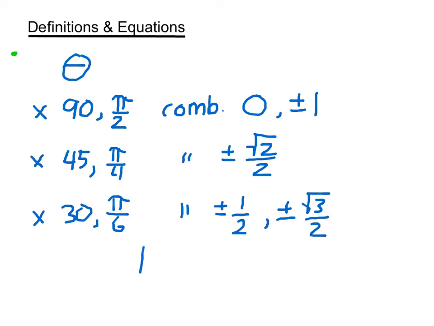Also, let's not forget that tangent can be found by dividing sine of theta over cosine of theta. So not only can we calculate sine and cosine based on the coordinates, the x and y coordinates, we can also calculate tangent.